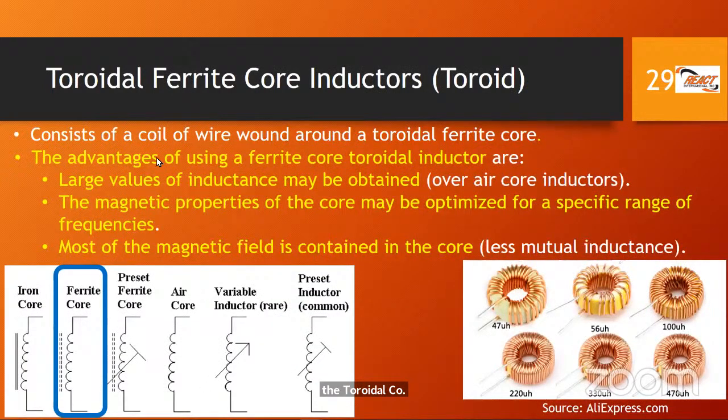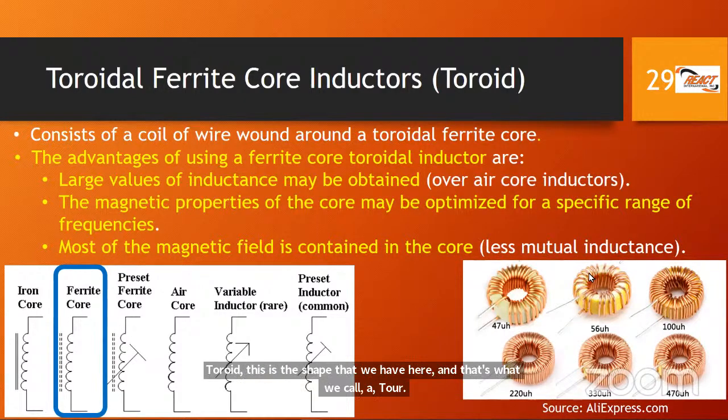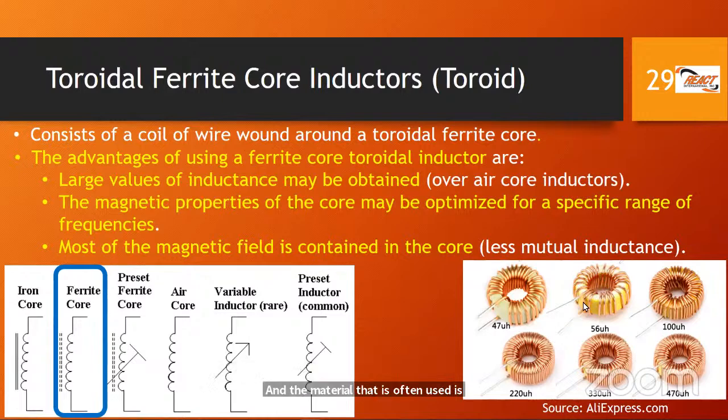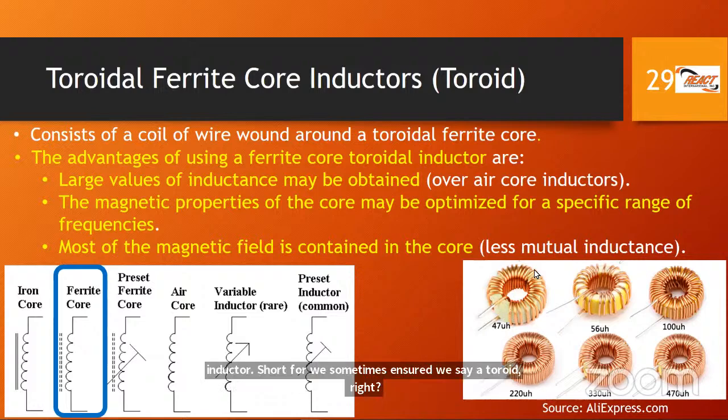So the toroidal core inductor, let's look on the right-hand side here. These are examples of what they will look like. Toroid, this is the shape that we have here, and that's why we call them toroidal core. And the material that is often used is called ferrite. So that's why we call them a toroidal ferrite core inductor. Sometimes in short, we say a toroid. Toroidal is the three-dimensional shape.